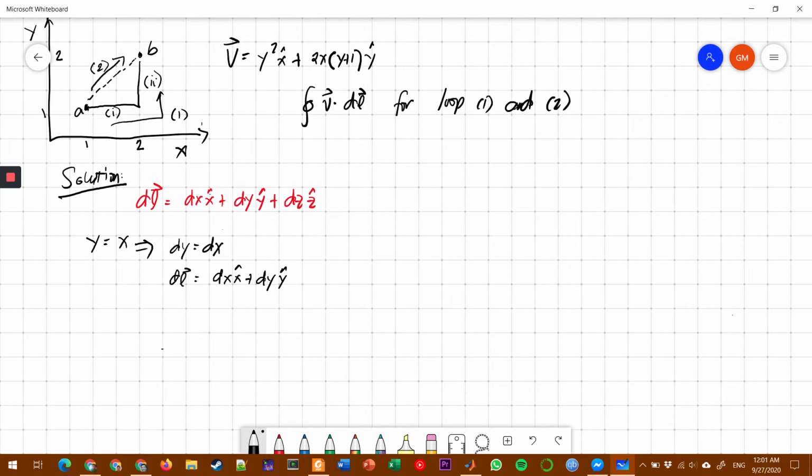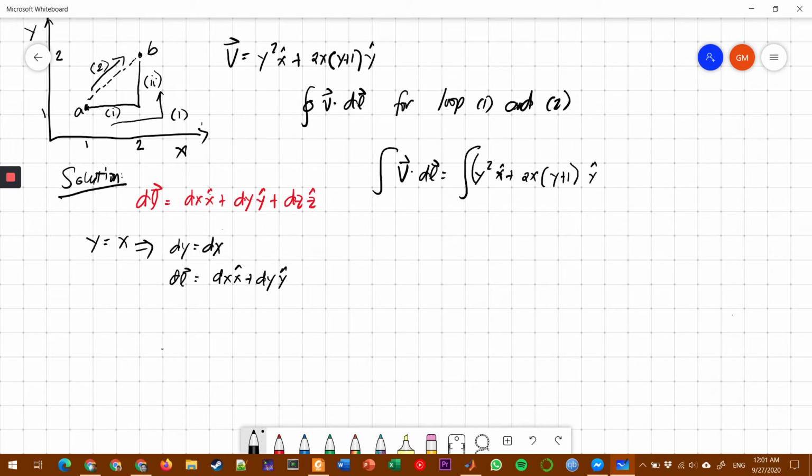Okay, so we can now take the integral of this. Let's move it here. So the line integral V dot dl, where V is given by this, so we have y squared x hat plus (2xy plus 1) y hat.